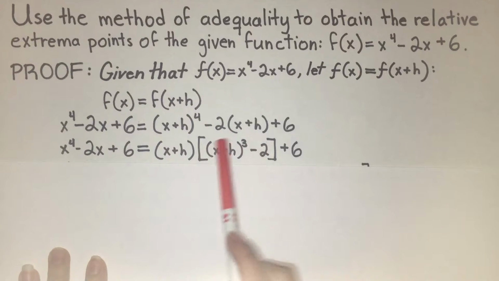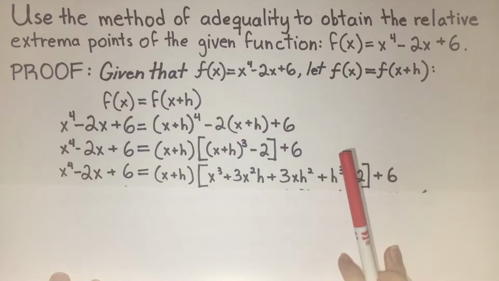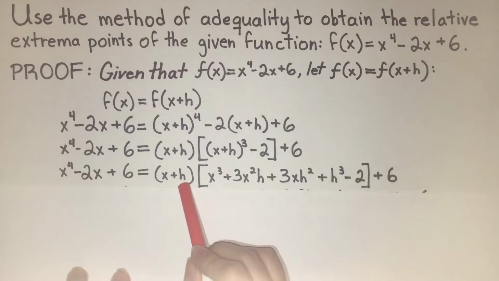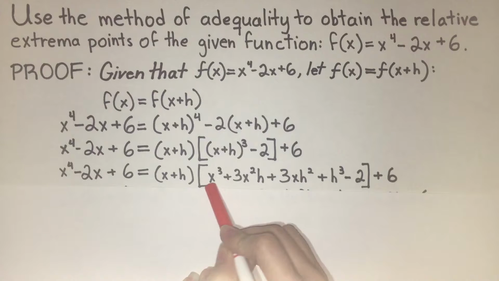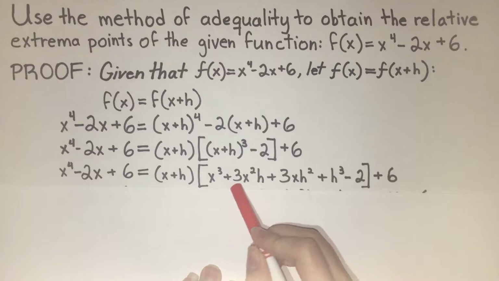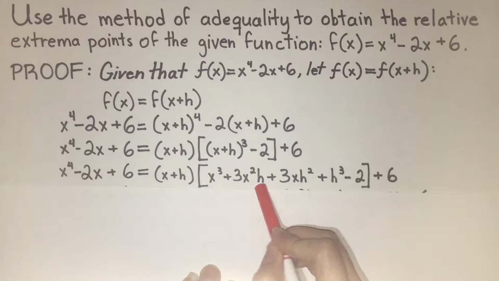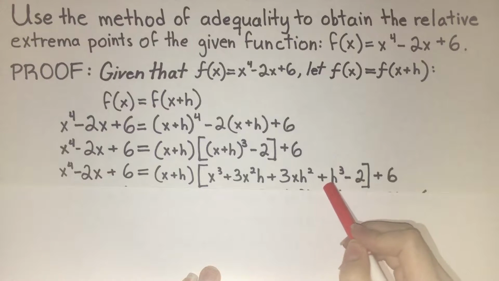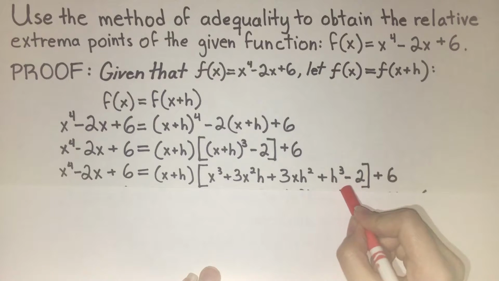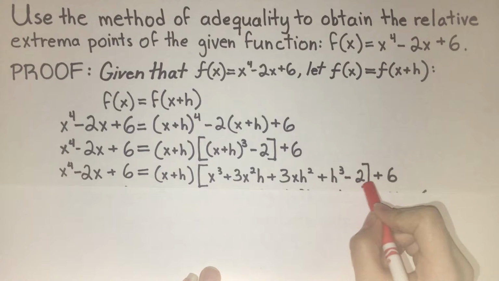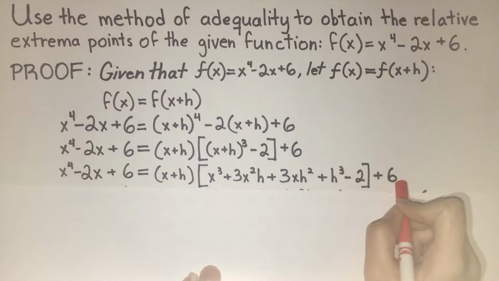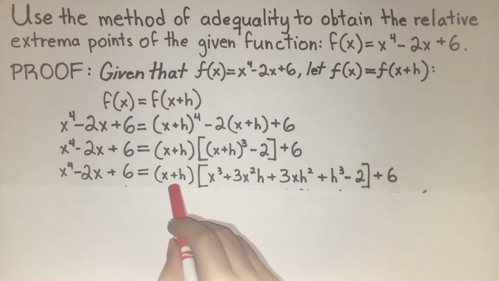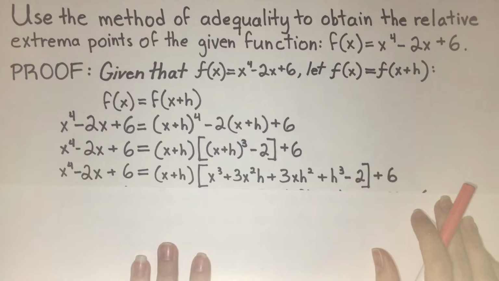So now we want to work with what's in here first. We have x plus h times x cubed plus 3x squared times h plus 3x h squared plus h to the third, minus 2, close brackets, plus 6. Now all we're missing is to multiply all of this times x plus h to finish simplifying.